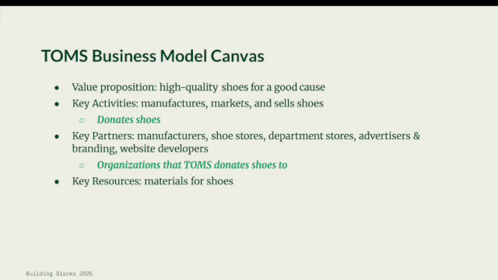The key partners may include manufacturers, shoe stores, department stores, advertisers and branding, website developers, and so many more partners. But a key component of the social entrepreneurship portion are organizations that Tom's donates shoes to. Finally, an example of key resource for Tom's would be materials to create the shoes.